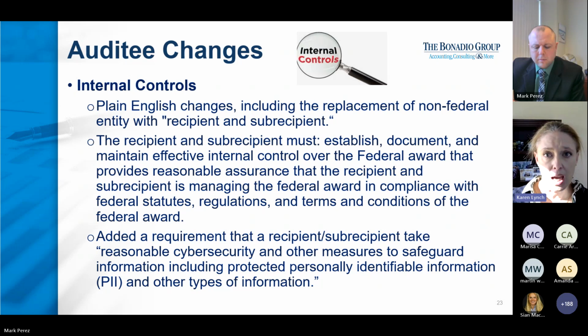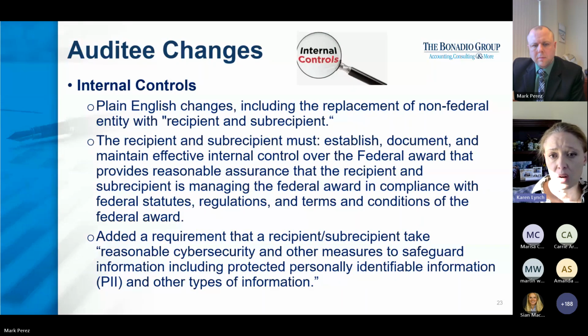So if you ever have time to go through and read the compliance supplement, I'm sure you don't, but if you did, you would see that the language very specifically will call out some of the specific compliance requirements depending on, quote unquote, the tier that your funding is received from.